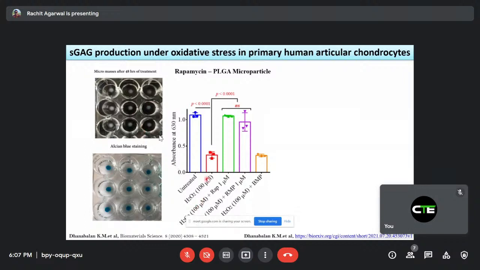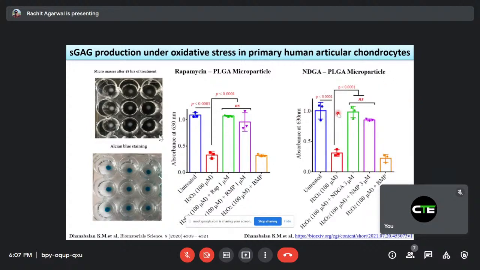And again, we find that if you are treating with H2O2, the amount of ECM produced goes down, whereas if you treat with the free drug or the particle with rapamycin, you can restore the production of these ECM molecules. And again, very similar result with NDGA. Throughout the whole presentation, I'll keep switching between rapamycin and NDGA. Both of them have worked remarkably well.